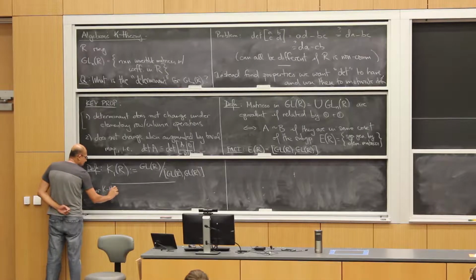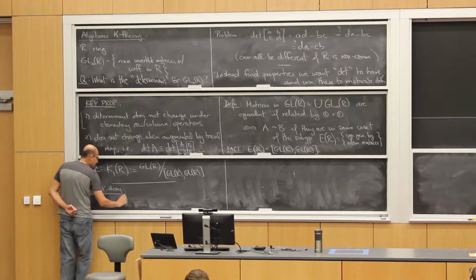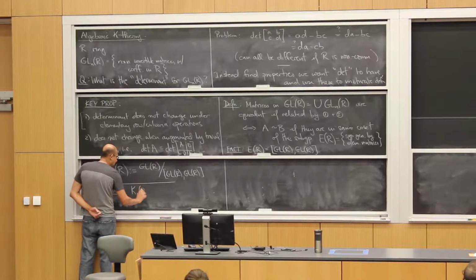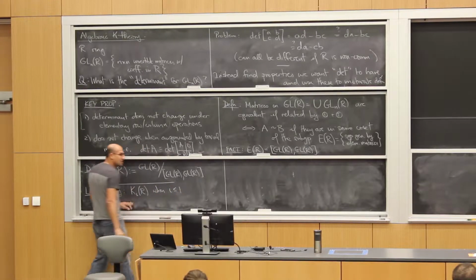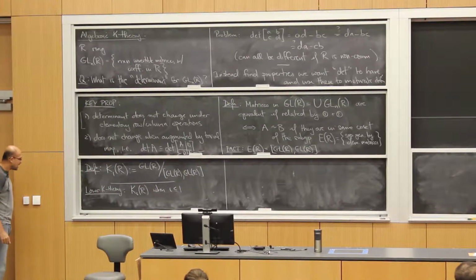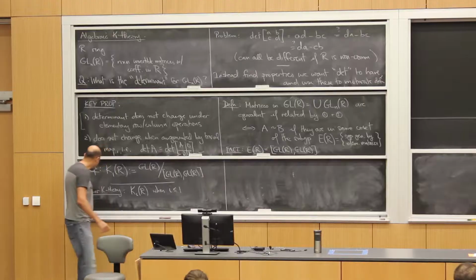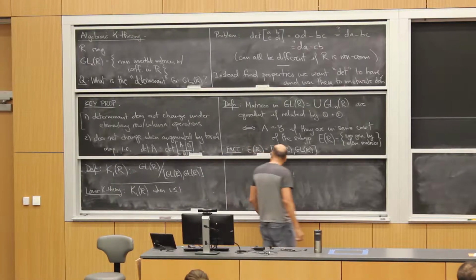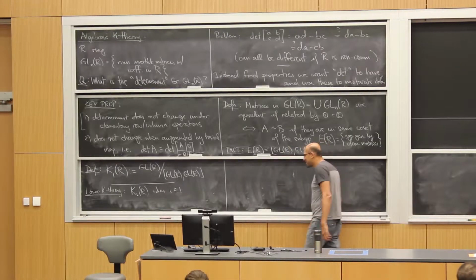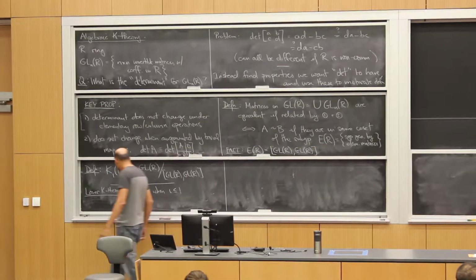So now I want to define K_i of R when i is less than or equal to 1. And for this, there are different ways. I'm giving you the quickest way to define it, though the motivation might be a little hard to see at this point.